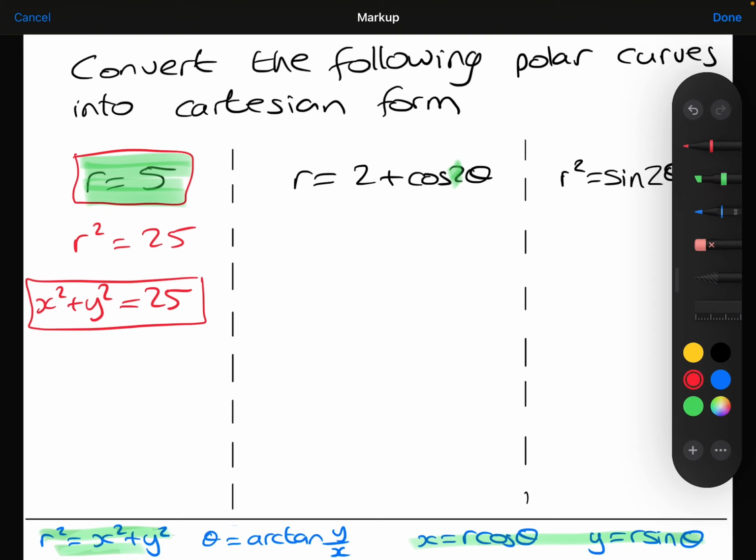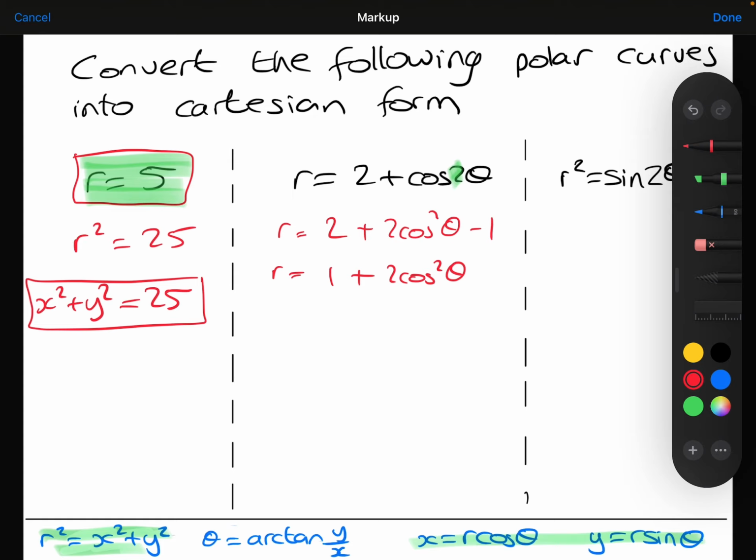Now, I know that cos 2 theta is the same thing as 2 cos squared theta minus 1. This is just double angle formulae from regular A-level maths. So I can then simplify this. The 2 minus the 1 is like that.